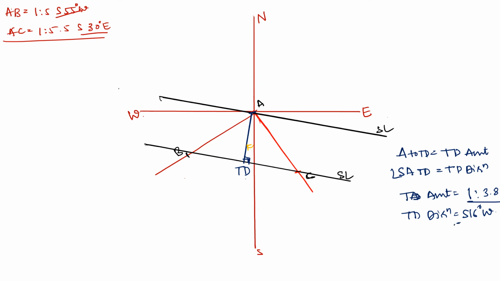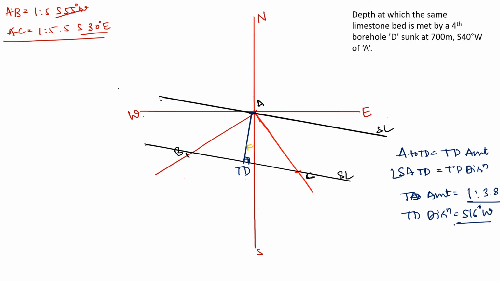Now let us see part B of this problem. It asks for the depth at which the same limestone bed is met at the fourth borewell D, which is at 700 meters south 40 west of A. First of all, we need to plot south 40 west.